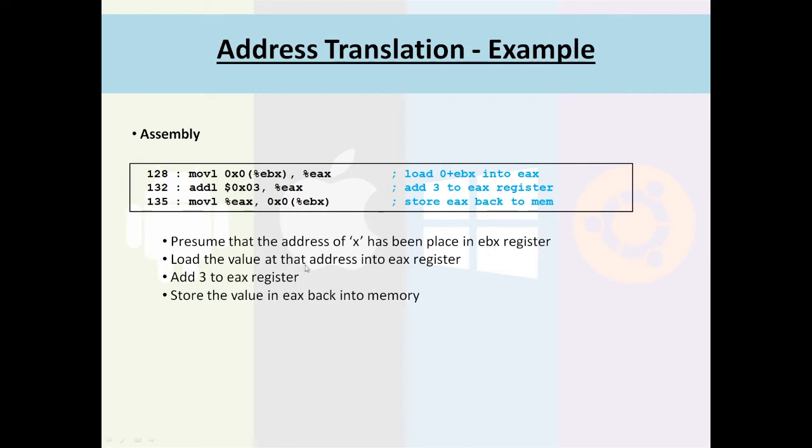And you load the value at the address into the EAX register. Then you add in the 3, that's this next line, add 3. And then you store the value back in memory. So this is just basic assembly code. You don't have to really know this exactly, but how it works on the next slide is important to understand.